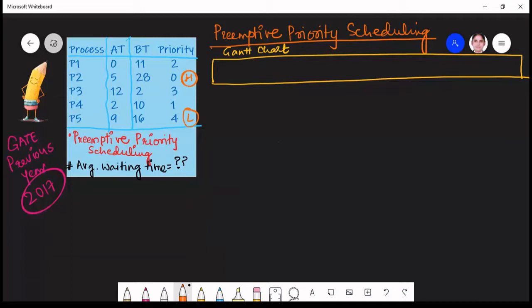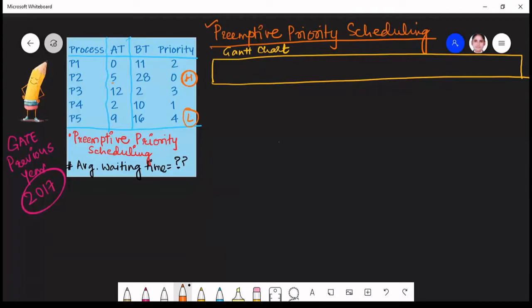But because the arrival time of P2 is 5 milliseconds, it cannot take the CPU currently. It can only take the CPU once it arrives in the system. Till then, whatever process is present will execute, and when P2 arrives, it will take the CPU. That is why it is called preemptive.